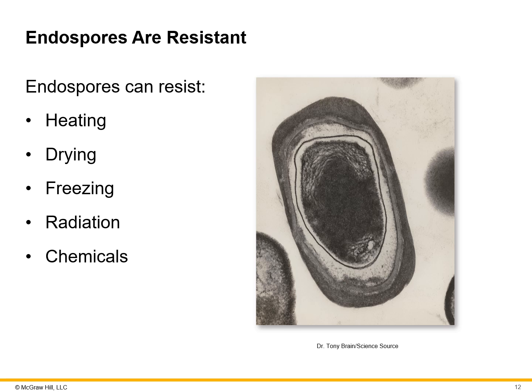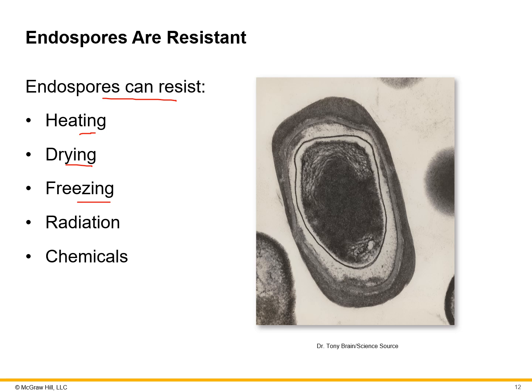Now, endospores are the most resistant. So whenever we're talking about sterilization, the key is to remove endospores because they're resistant to heating. So boiling something does not destroy endospores. They're resistant to being dried out, resistant to temperature changes in the opposite direction.